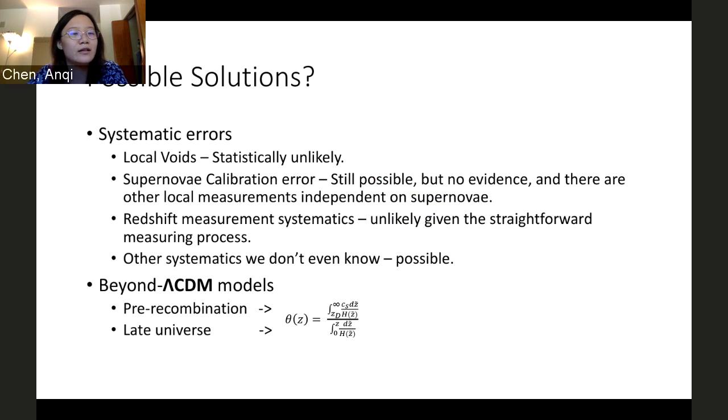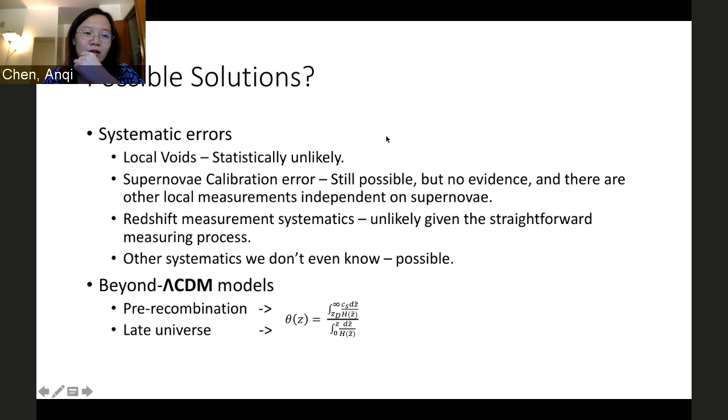And of course, the first thing we turn to is systematic errors. Someone proposed, what if we're living in a local void? In that case, our vicinity of the universe would expand faster than the average. But it's statistically unlikely. The fluctuation of the matter density field can be measured through weak lensing and clustering, and that's already been done. Given this fluctuation, we can calculate how much uncertainty it would bring into the local Hubble constant measurement.